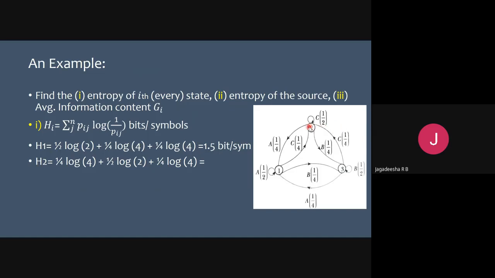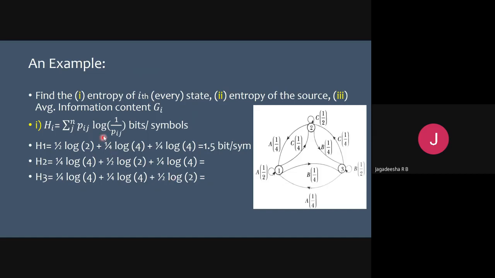From state 2 to state 3, here 1 by 4. So you find out the number of bits per symbol. Similarly for state 3, from state 3, it can go back to state 3 or go to state 2 or go to state 1. So that is what is mentioned here.